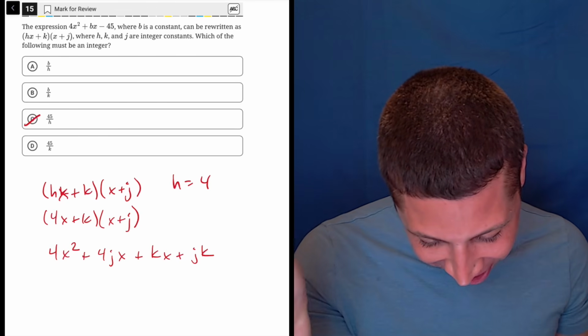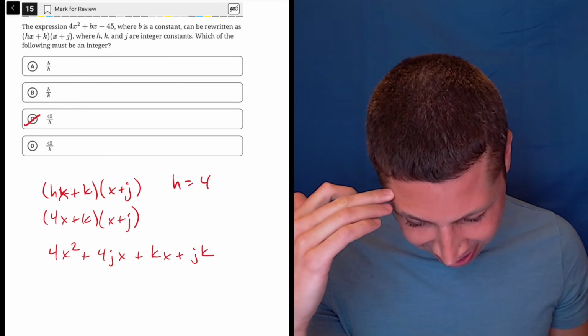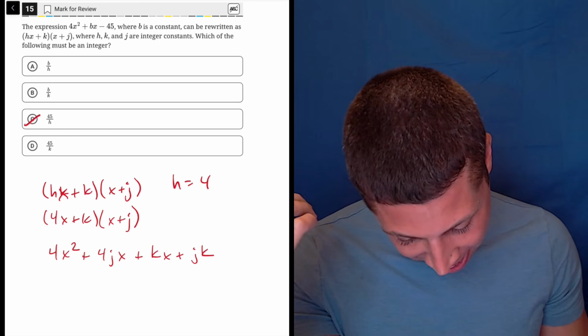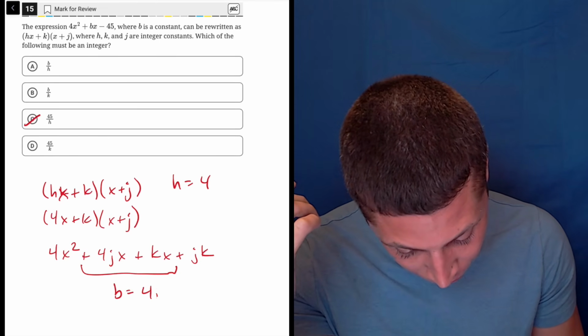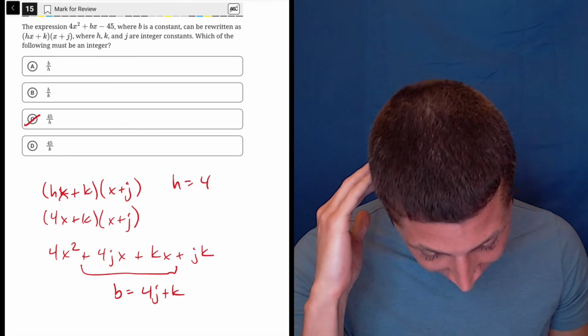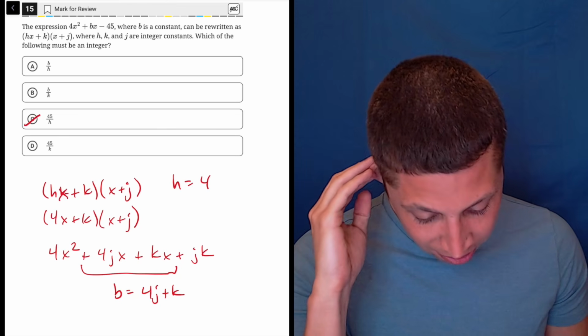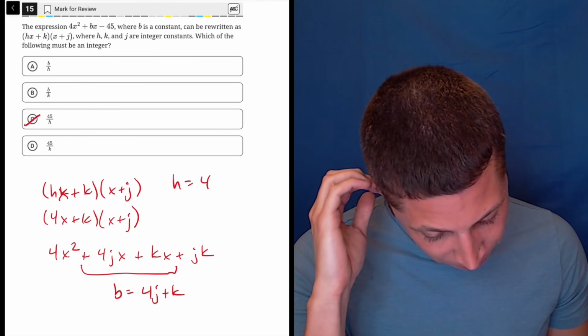If k and j are integers, then b, I got to combine these terms. So b is equal to 4j plus k. So b divided by h, can we divide that by 4? I don't think so.